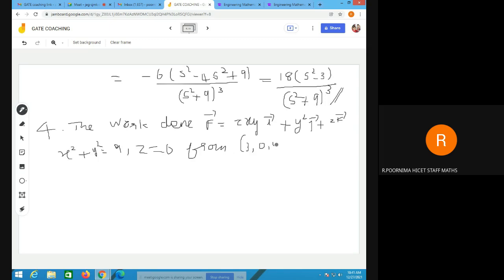This is the starting point, to the end point 0, 3, 0.